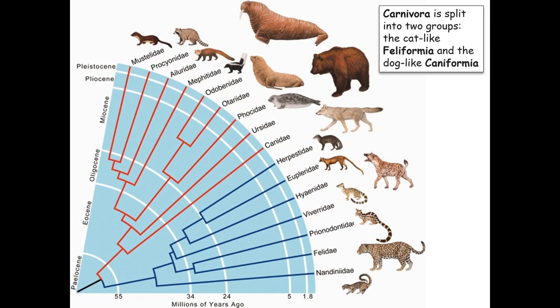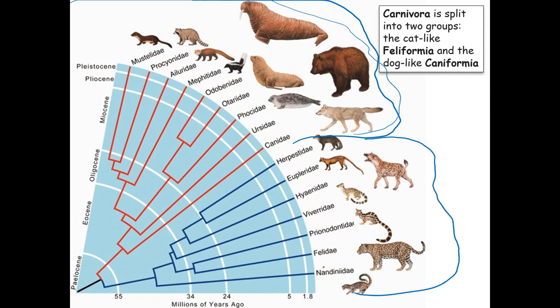We split carnivores into two different groups: the Feliformia and the Caniformia. Caniformia means canine-like, dog-like, and the Feliformia means cat-like. Things like seals, wolves, coyotes, dogs, walrus, the weasels, otters, those are all the Caniformia, the dog-like, and the Feliformia is everything else.